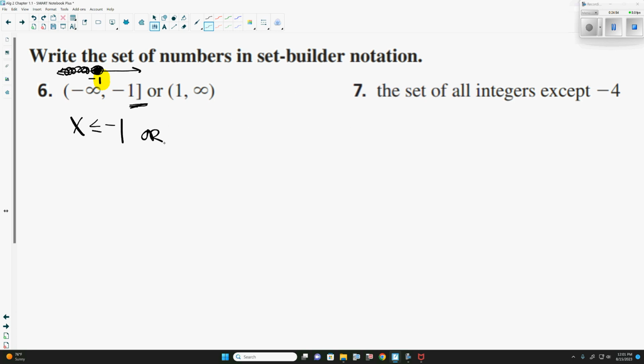Or, if we look at the other one, at 1, is it going to be open or closed? Open, because we have a parenthesis. Parenthesis means open. Now, will we shade to the right or to the left? So x is going to be what? Greater than 1, because we're going to the right of it.